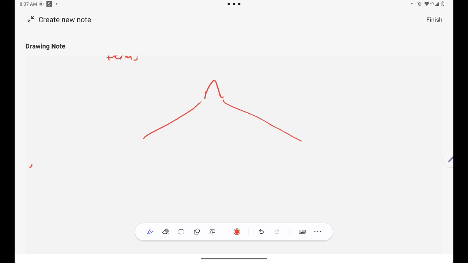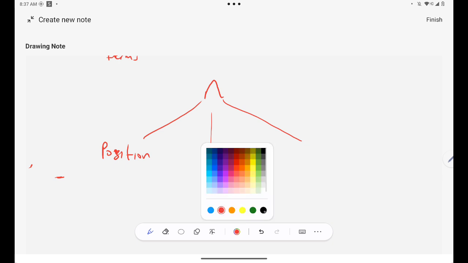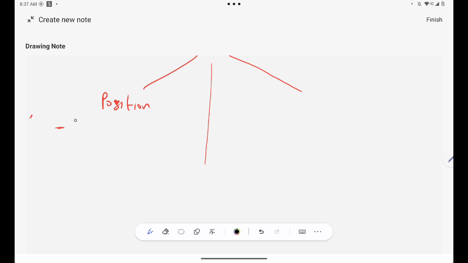So let's focus on n a bit. For n to give you the position of a term, you must be given the value of that particular term. For you to find the position of a term, you must be given the value of that term.